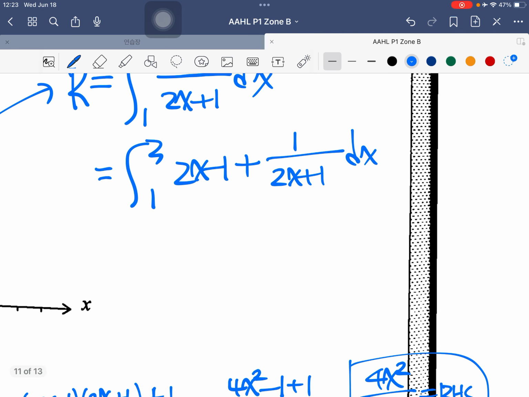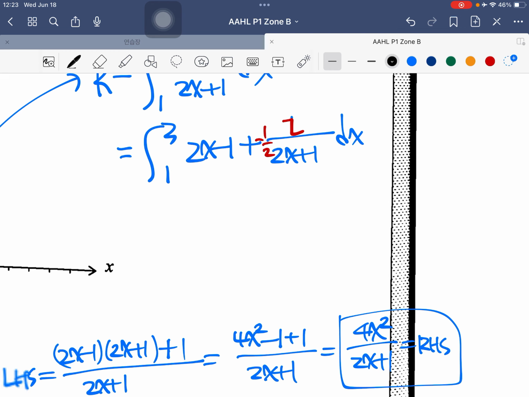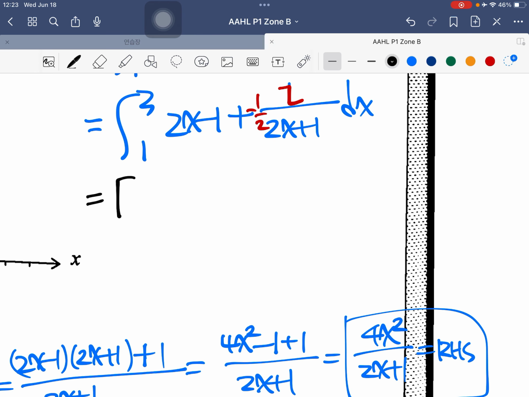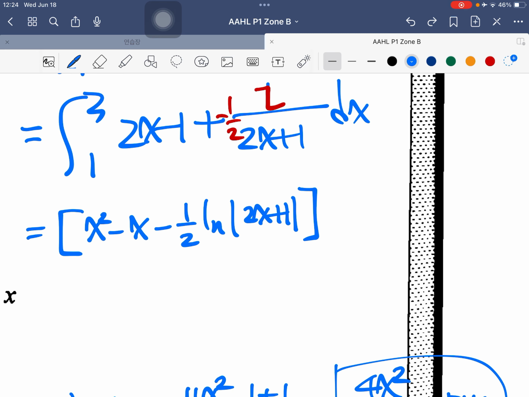This part is easy to integrate, and for this part, if you differentiate the denominator, there's a 2 there, so you can simply put 2 over here and 1 over 2 down there, and then you just integrate. It becomes x squared minus x plus 1 over 2 ln of the absolute value of 2x plus 1, ranging from 1 to 3.